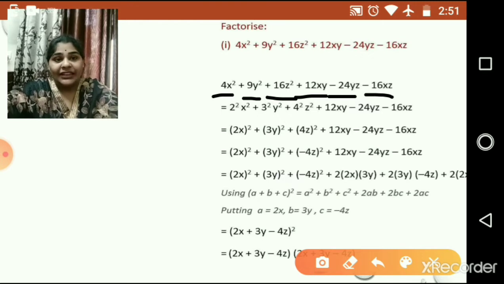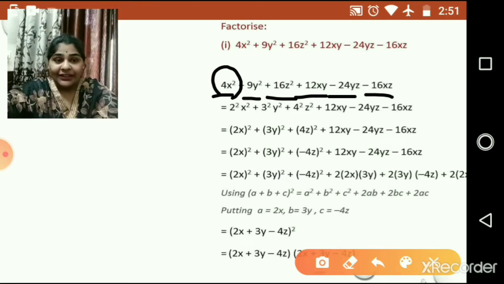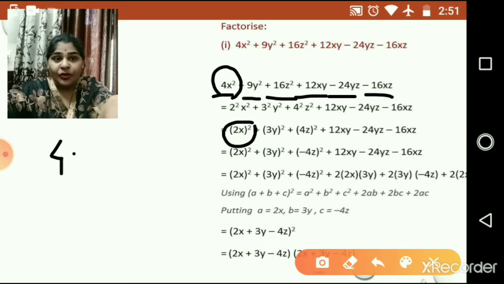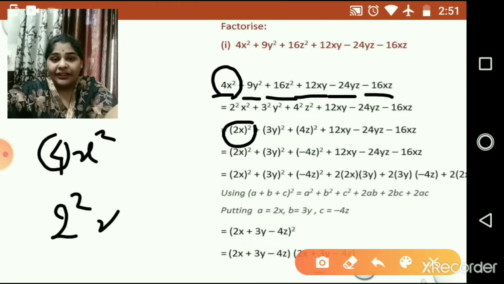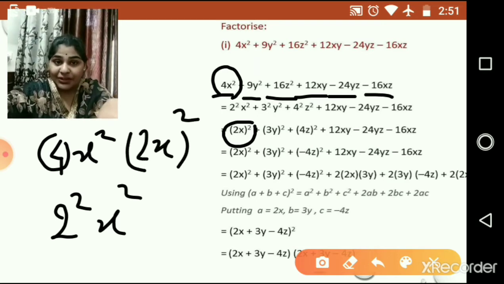First of all, I need to write this whole term in the form of a square, that is whole square. So 4 I know is a square of 2. So I will write that term as 2x whole square. Understood, children? It was 4x square, but I want this term whole square. So this 4 I will write as 2 square and x square as it is, both squares, that is I can write it as 2x whole square.